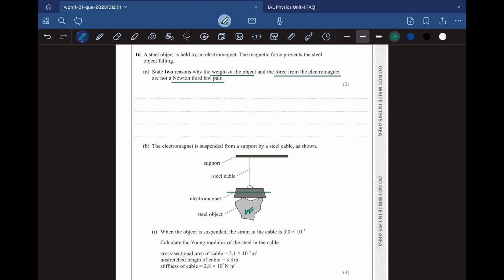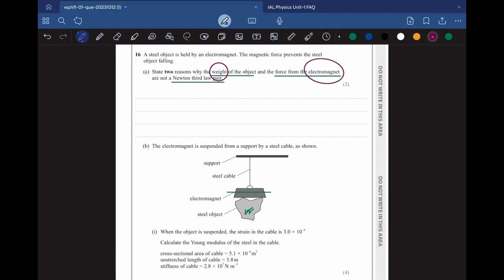We know for something to be a Newton's third law pair, the two forces need to be of the same type. Here the two forces acting are the weight and the electromagnetic force, so both forces are of different types, so it cannot be a Newton's third law pair. Now it has said to state two reasons. The other reason is that both forces are acting on the same body.